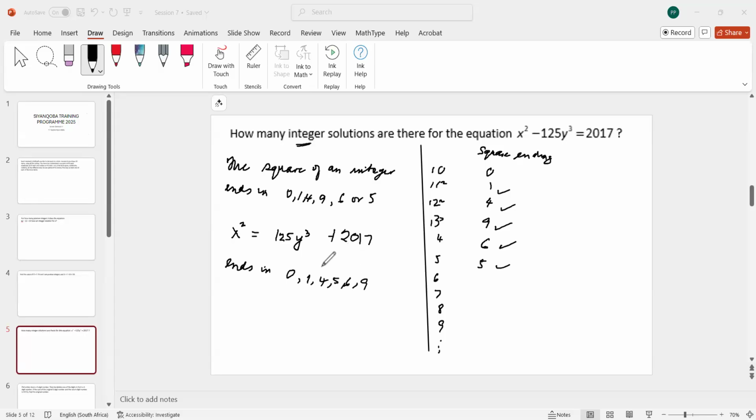Now this 125 is an interesting number. 125 y cubed, let's see what this will end in. Let's try a couple of possibilities here.